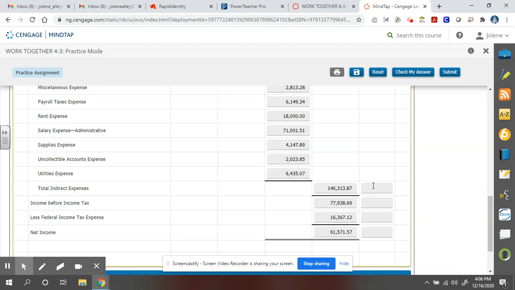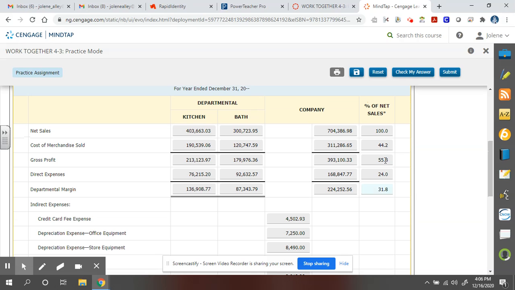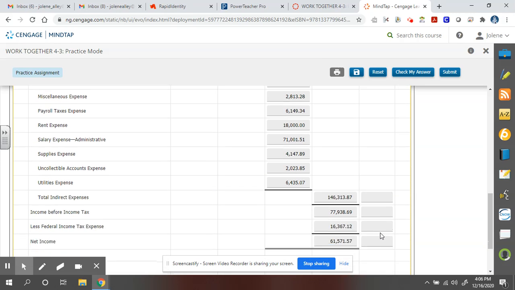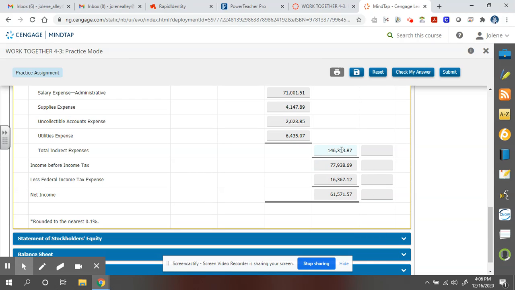Now here's the thing. You see this fourth column. Remember up here we did these? We had to do the same thing to these. So this would be the numerator.